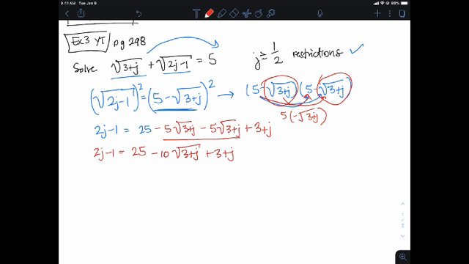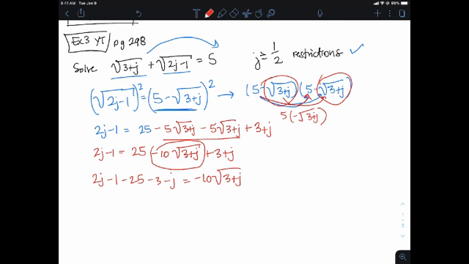Actually, I'm not going to do that because I'm still going to want to square this guy. So I'm going to pull everything that's not that to the other side. So 2j minus 1, subtract 25, subtract 3, subtract j equals negative 10 root 3 plus j.